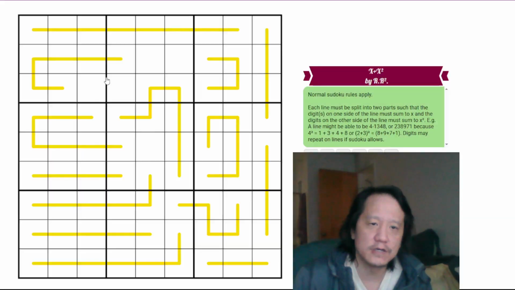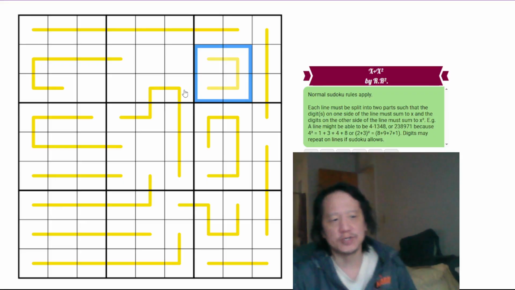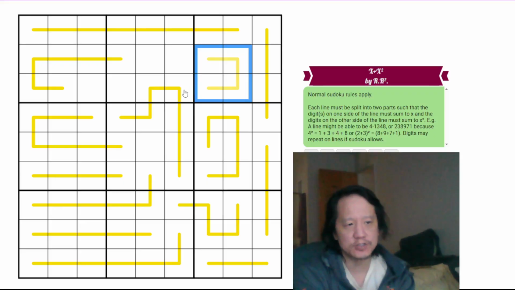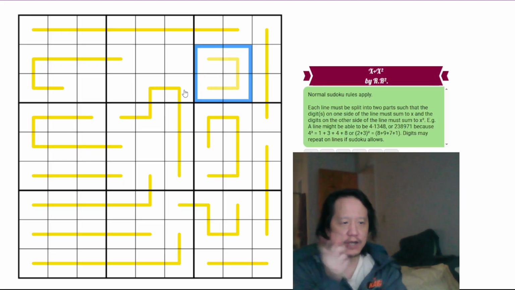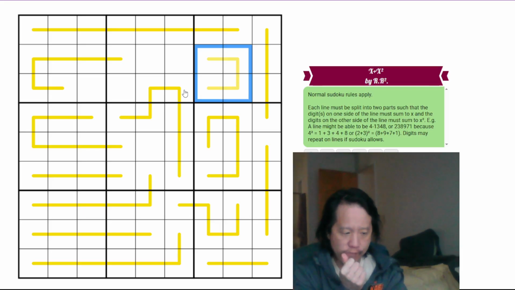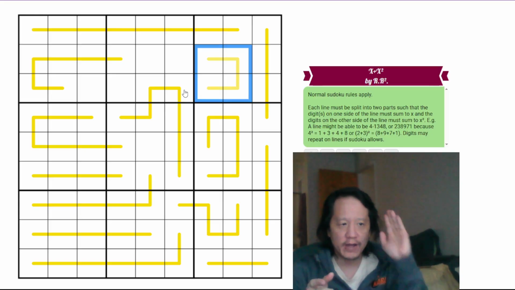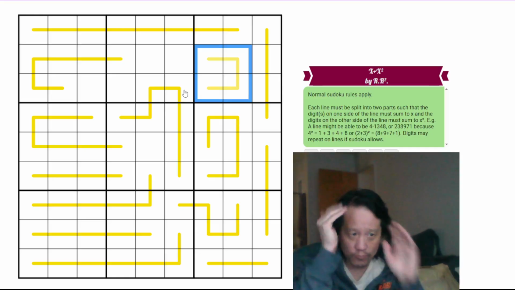Let's go. Okay, so that means each line, on one side they sum to x, on the other side they sum to x squared. So each line in total must be an x plus an x squared. x squared is essentially x times x. If you factor out the x from both of the things, you have x times the quantity 1 plus x.